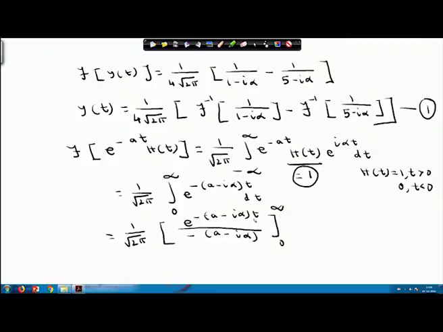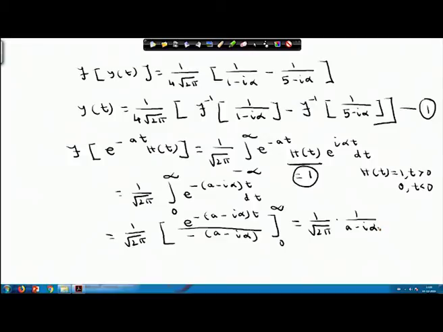For infinity the value becomes 0, and for 0 it becomes 1 by (a - iα). So your result will be 1 by root 2π into 1 by (a - iα).